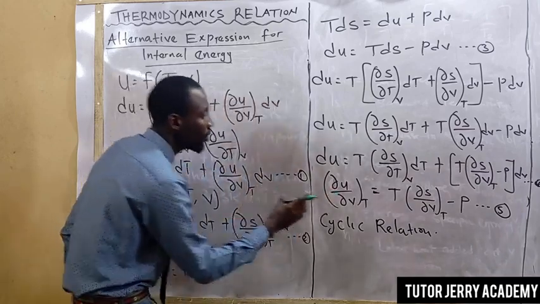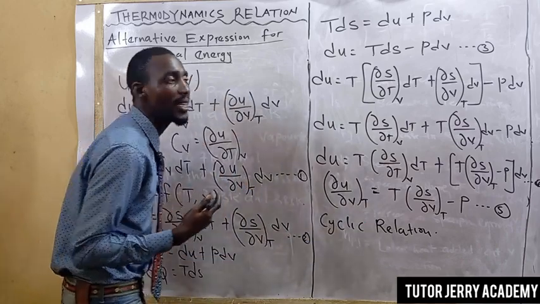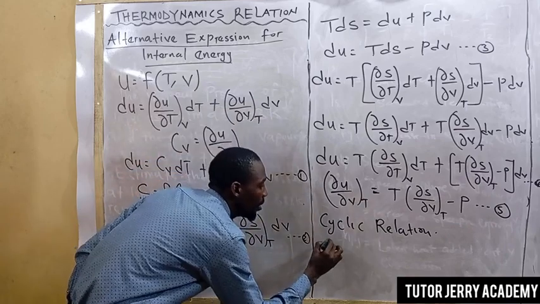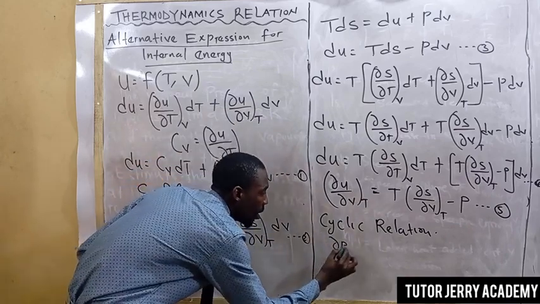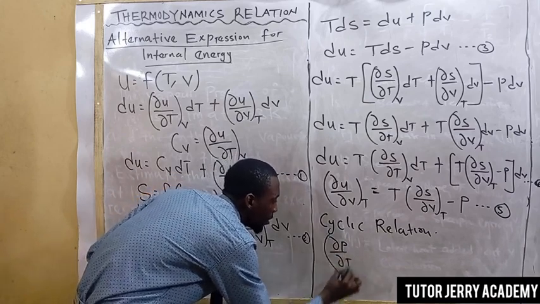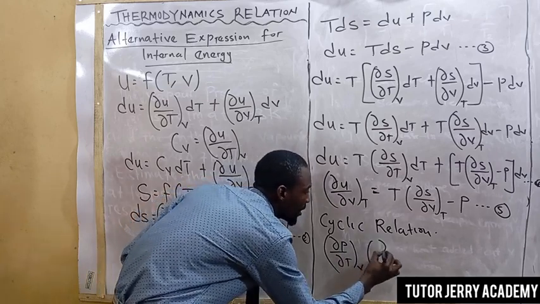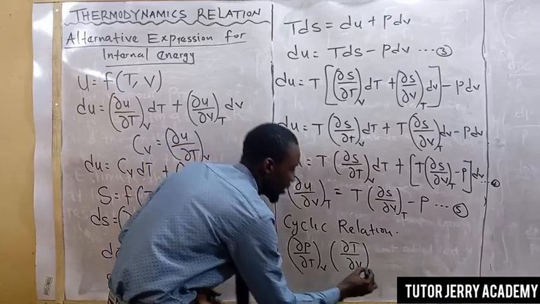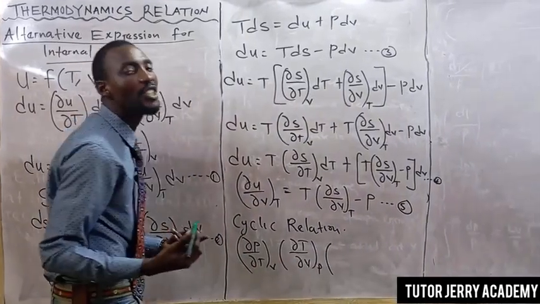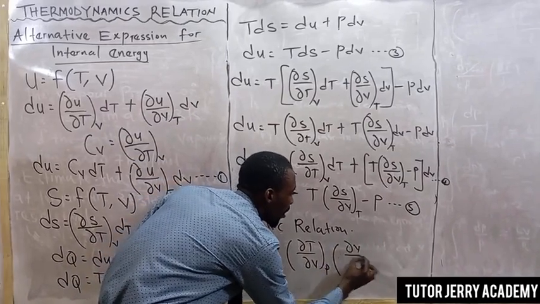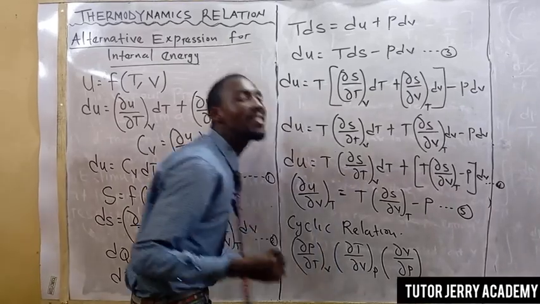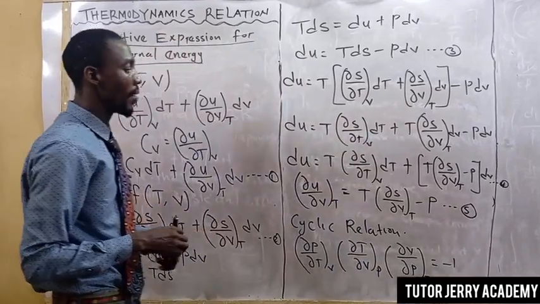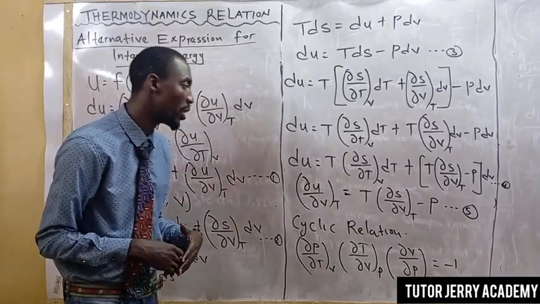Now, from cyclic relation, we remember so well that to relate pressure, volume, and temperature, we are going to have the partial derivative of P all over the partial derivative of T, keeping V constant, into the partial derivative of T all over the partial derivative of V, keeping P constant, into the partial derivative of V all over the partial derivative of P, keeping T constant, is equal to what? Minus 1.